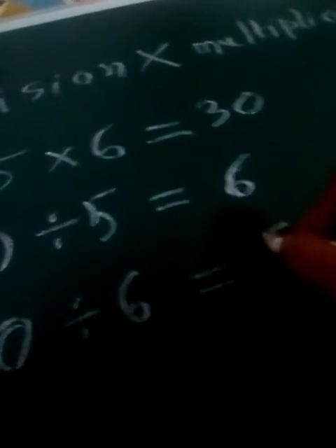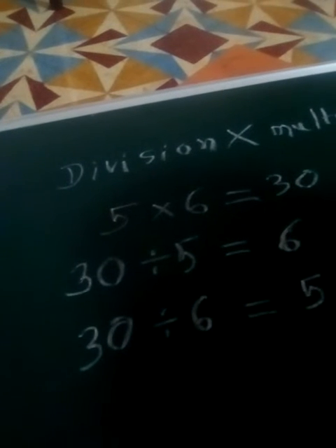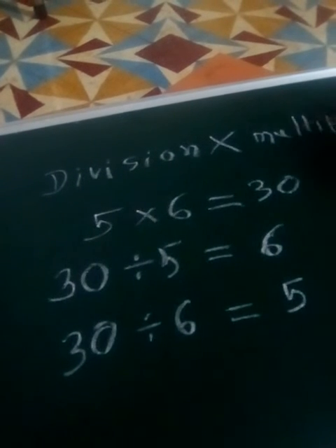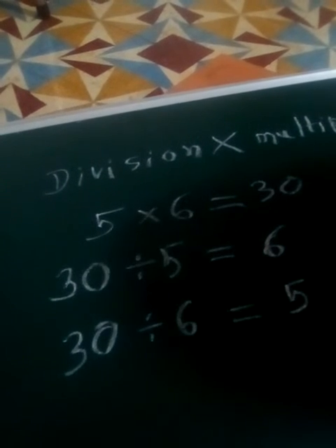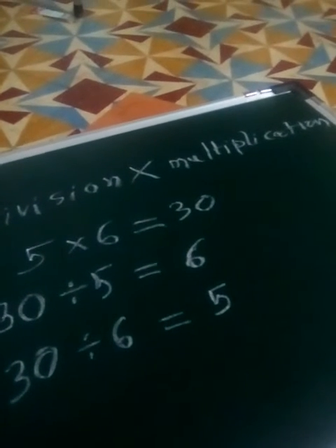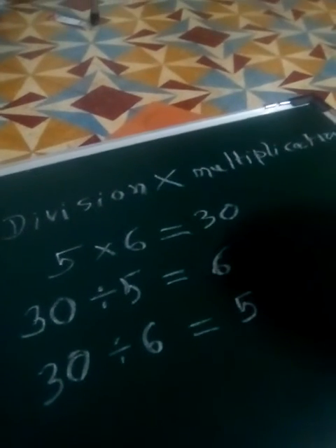See these statements carefully. 5 multiplied by 6 is 30. 30 divided by 5 is 6 and 30 divided by 6 is 5. In this way you can understand the relationship between multiplication and division.